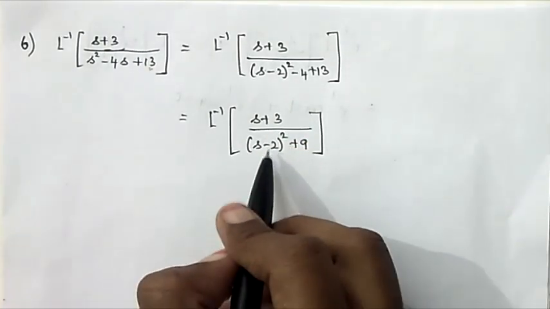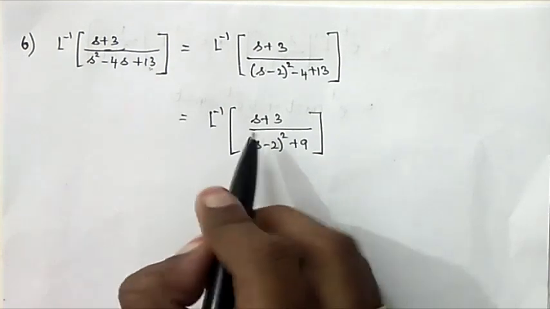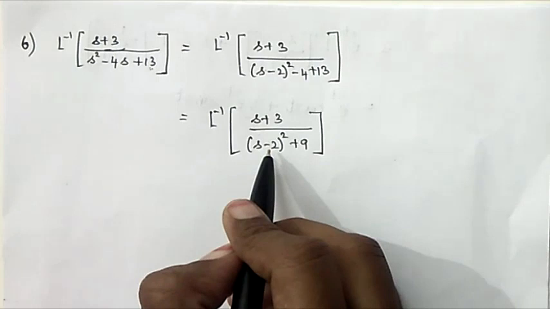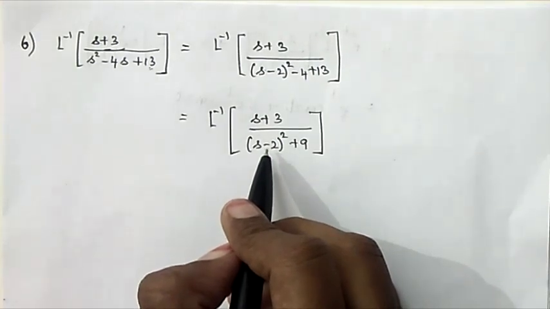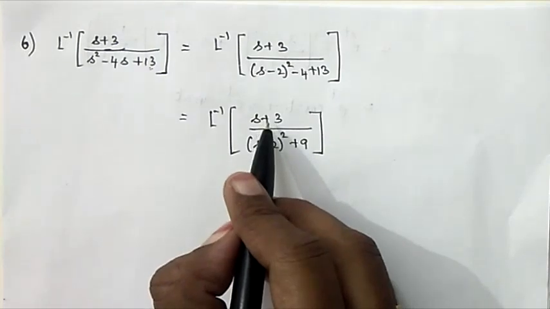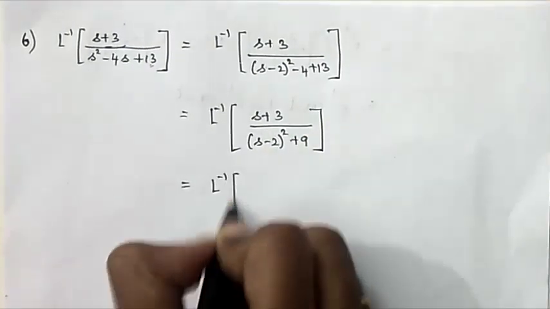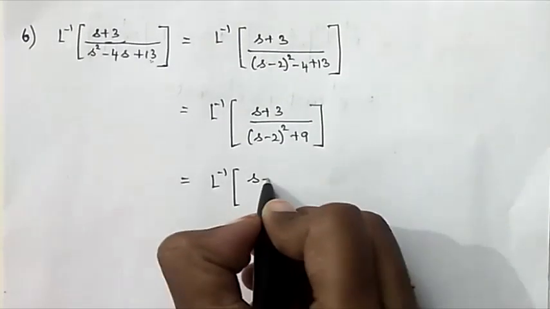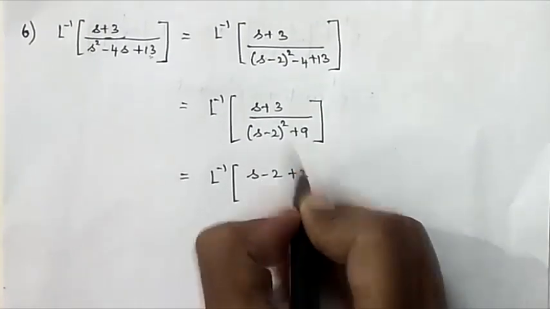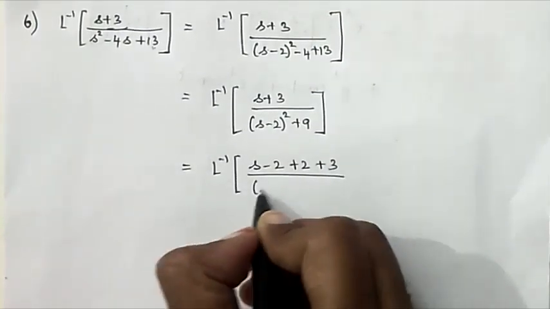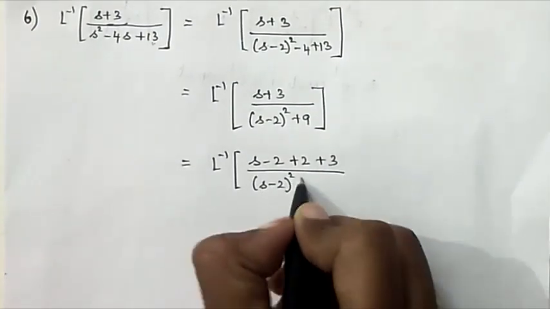Now if you see, the denominator is in the form of s minus 2 but the numerator is in the form of s plus 3. I need both the numerator and denominator in the same form. So what I'll try to do is, I'll try to add and subtract a 2 in the numerator and rewrite this as L inverse of s minus 2 plus 2 and then this 3 as such divided by s minus 2 the whole square plus 9.